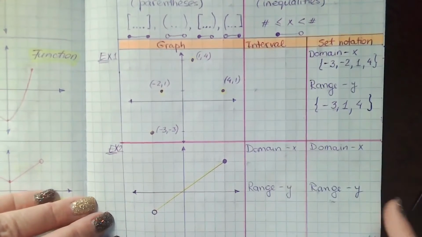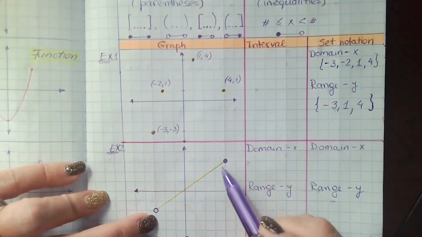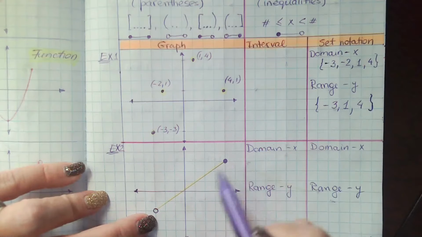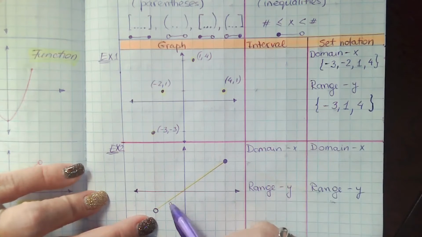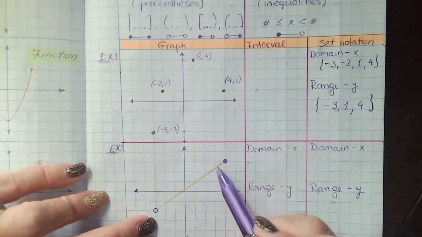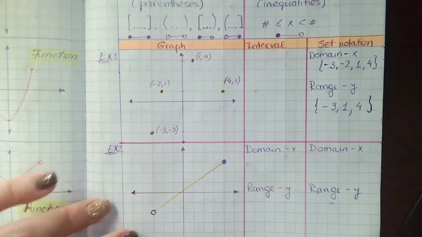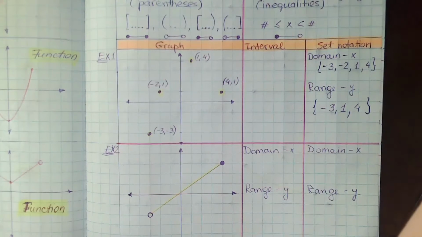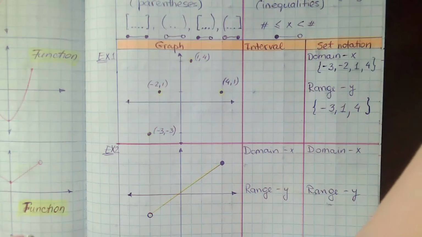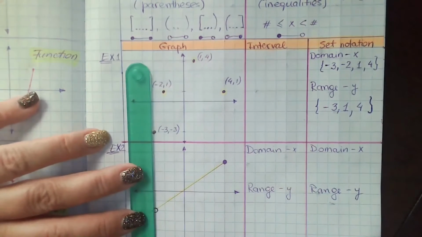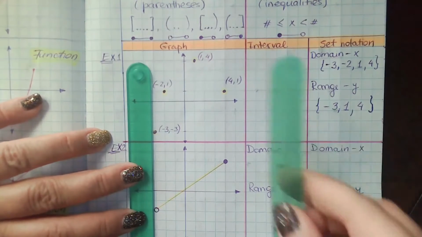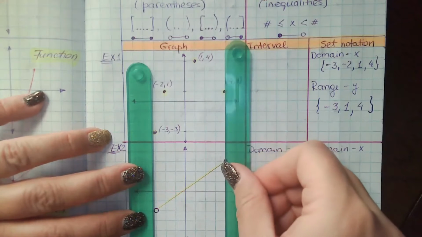Here goes a linear function, a straight line, it's increasing, and we have now a continuous line that has an interval from the least value for x, -3, to the highest, 4.